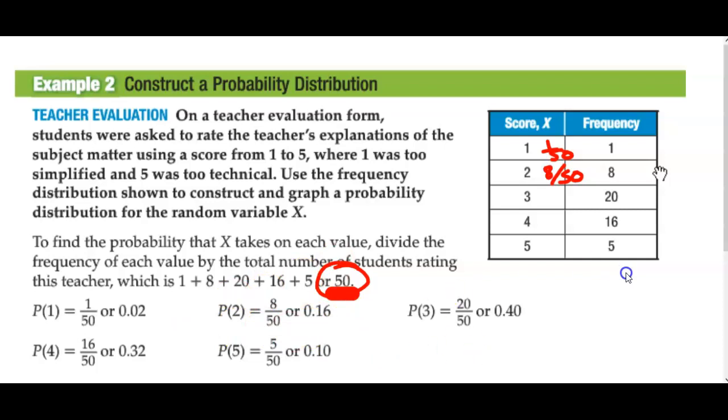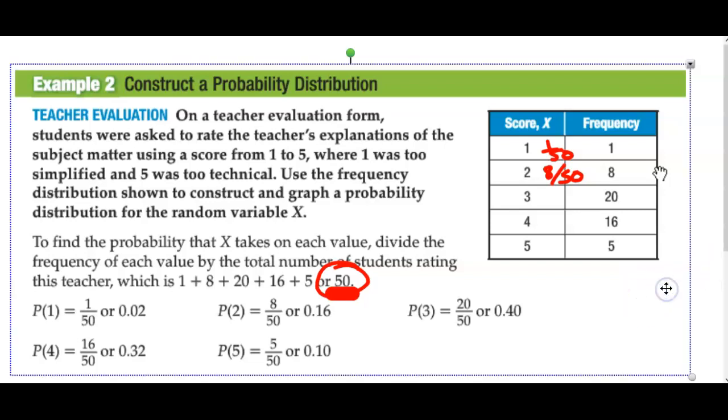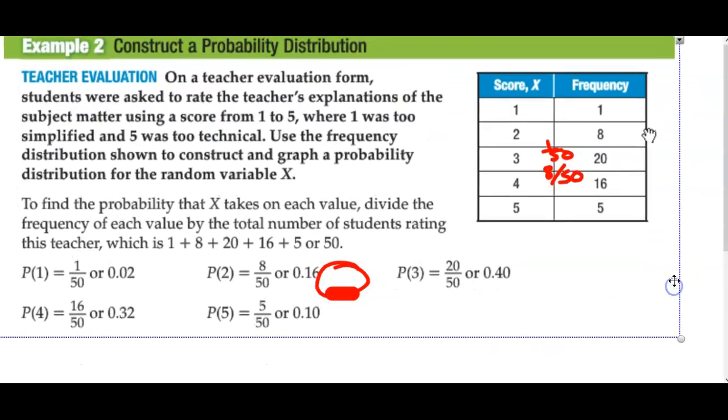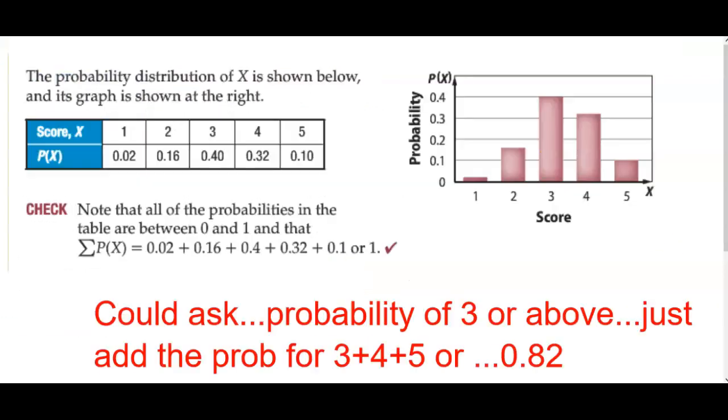So if we move on, we can make what's called a table. All right, the probability distribution would look like this. We took those decimals that were the probabilities of getting a 1, a 2, a 3.